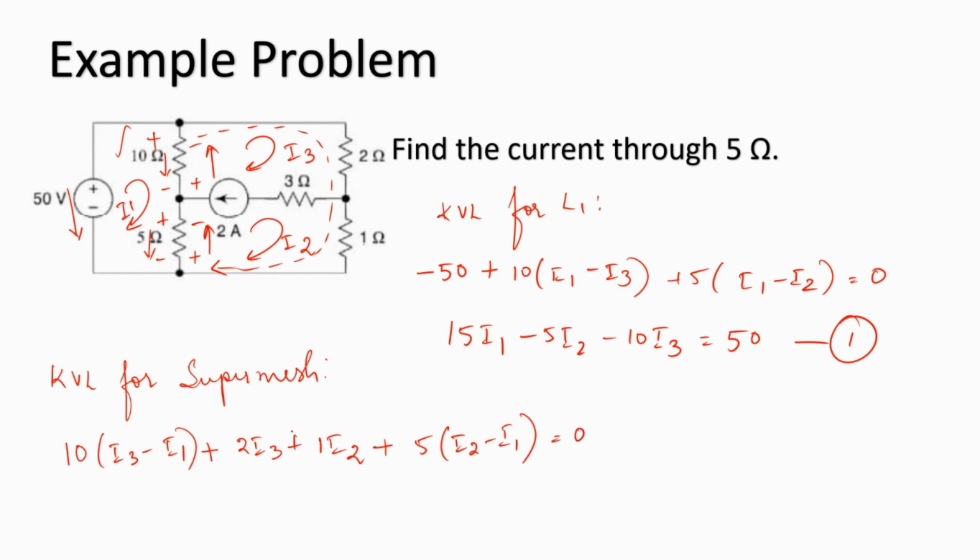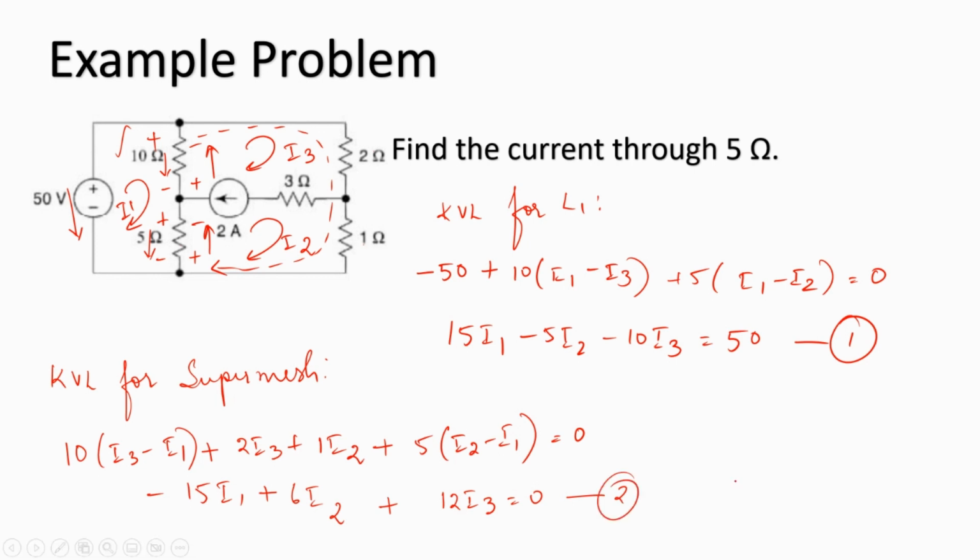So when we simplify this, what we would get is minus 15I1 plus 6I2 plus 12I3 is equal to 0. So this is my second equation.